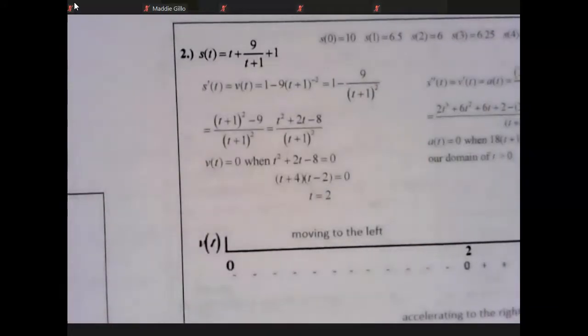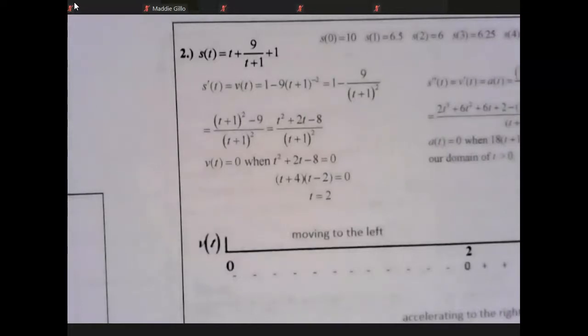The velocity at that point is equal to 1 minus 9 over the quantity t plus 1 squared. We needed to find when velocity is 0. So 1 would never equal 0. Negative 9 will never equal 0. T plus 1 squared will equal 0.